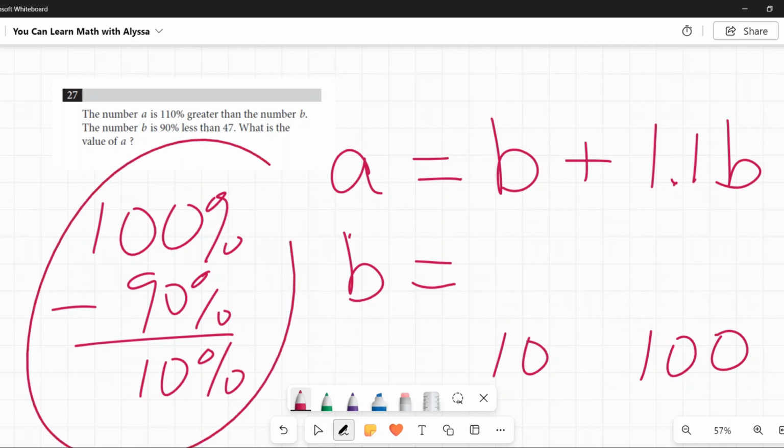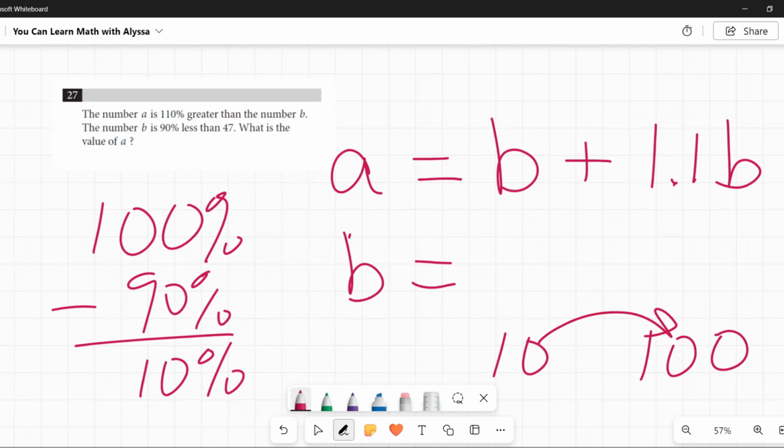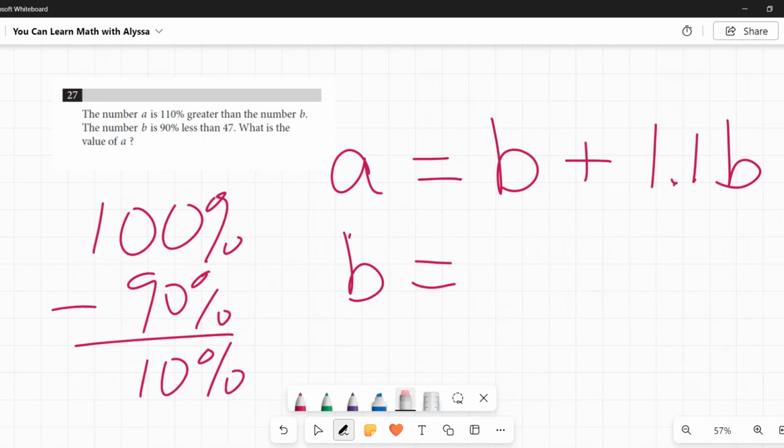Another way, again, like I said, you can say 10 is 10% of 100. So we're going to use that fact and say, okay, 90% less than 47 or 10% of 47.